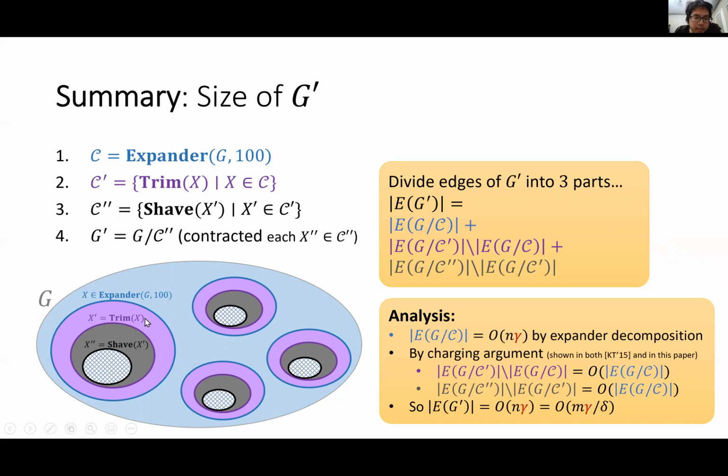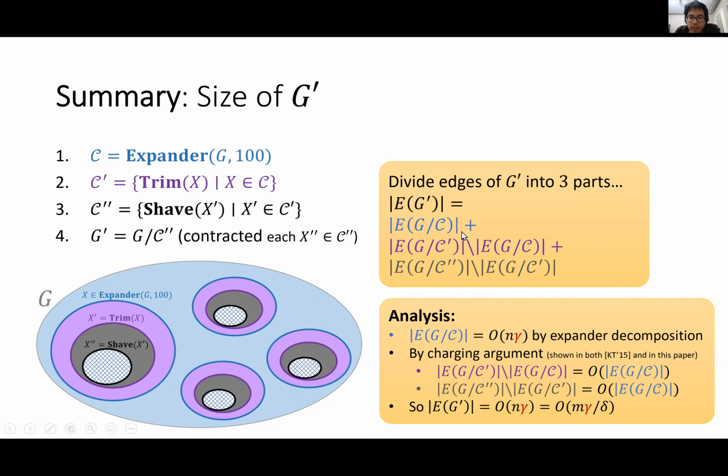The first part is just all the edges after you contract the blue set. The next part is the purple part. It's just all the edges after you contract the purple part, but excluding the blue part. And the next is the gray part here. It's just all the edges after you contract the black set, but excluding purple and blue.